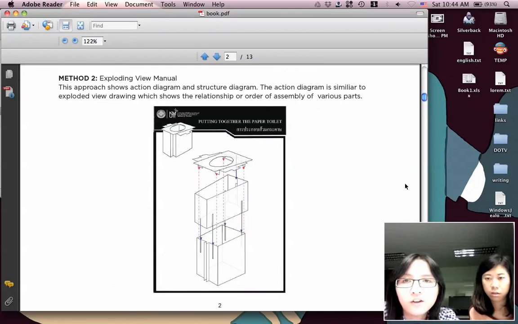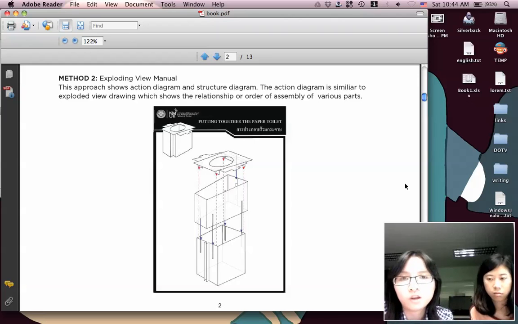The next kind of manual would be the exploded view manual, and for this, the manual would be given with all the pieces, and people have to understand it before setting up the structure.